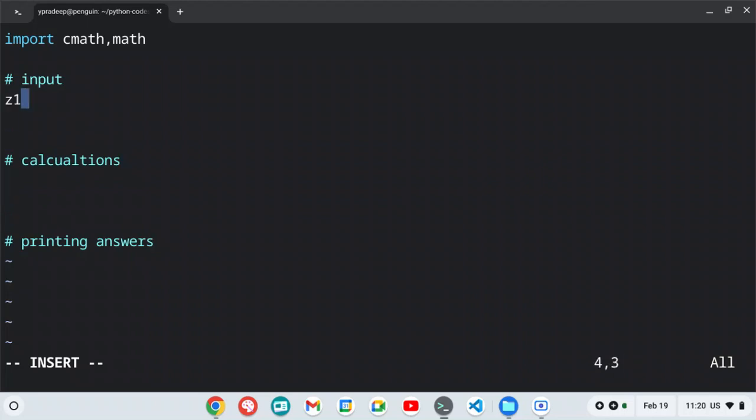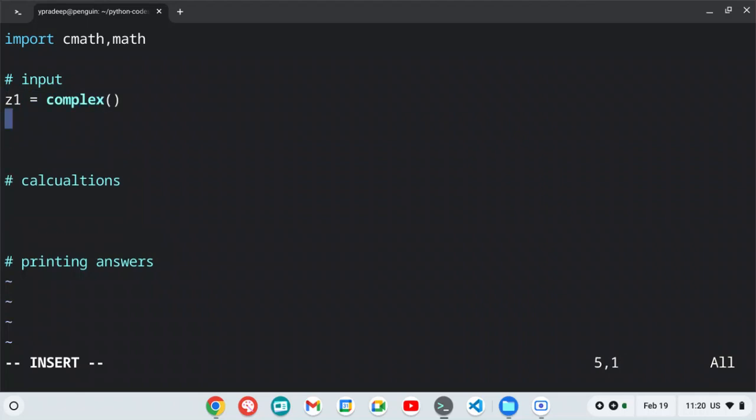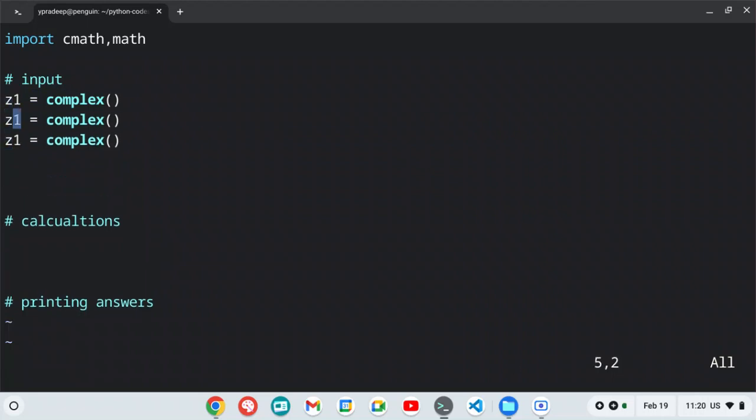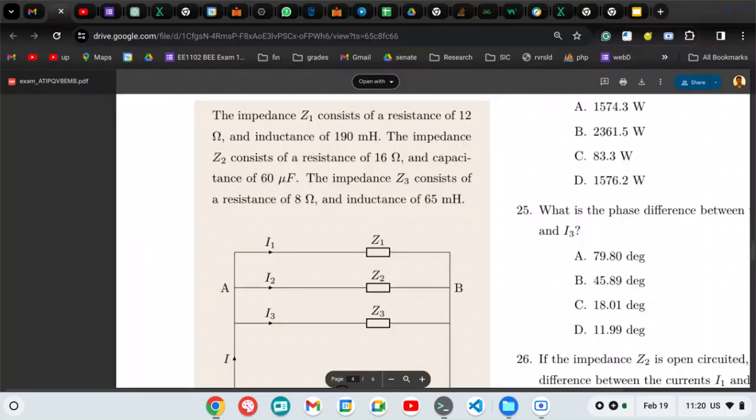So Z1 is a complex number. There is a function called complex to define this. Now, what is the complex number Z1? I go to the question paper. Read the first line: impedance Z1 consists of resistance of 12 and inductance of 190.